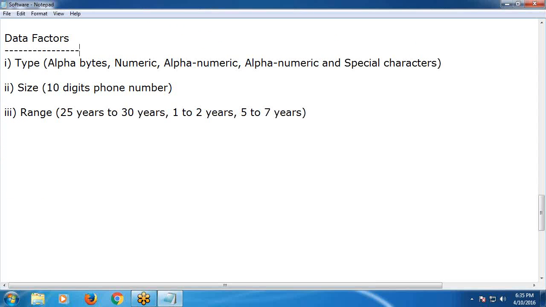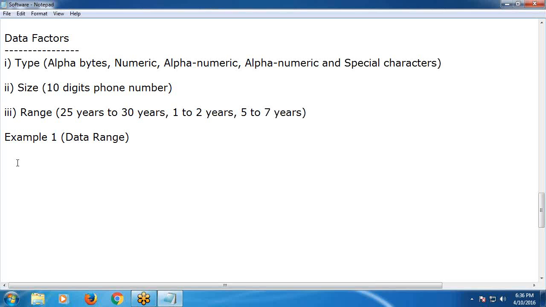Observe the example. Example 1: here we focus on data range. The tickets field in a reservation system accepts 1 to 10 tickets only. Minimum 1 ticket, maximum 10 tickets.